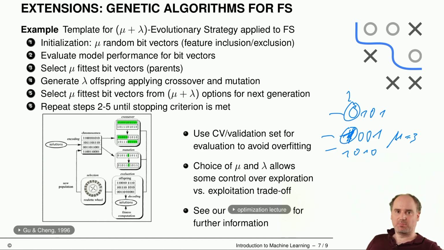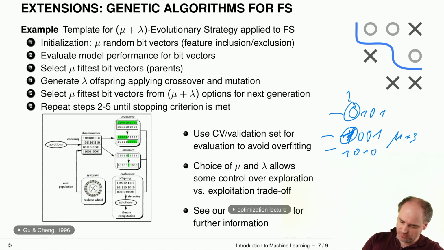This is also why some people call this an elitist procedure. Then we have boiled it down to mu elements again, and we iterate and do the same thing again and again, usually until some budget is depleted, or we have reached some pre-specified value of performance, or performance doesn't progress enough anymore. So pick any of these criteria or mix them.